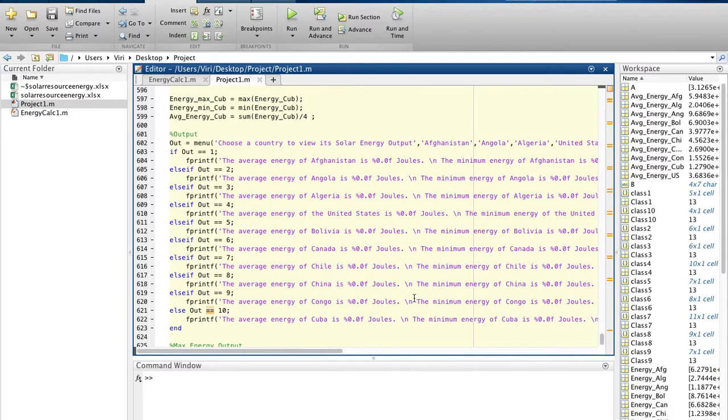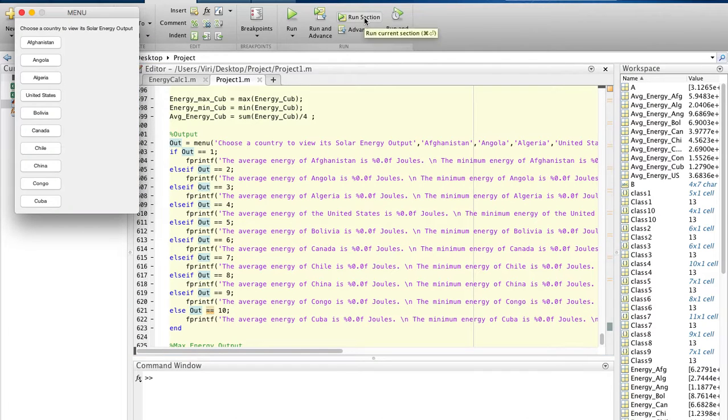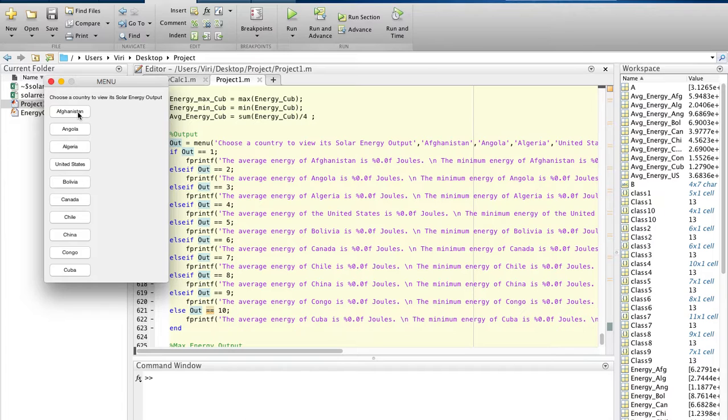And down here, this is how we decided that we wanted to take the user input in the form of a menu. So here is where we created our menu. The input would be out, because when you use a menu, this Afghanistan would be a value of 1, Angola would be 2, Algeria 3, and so on.